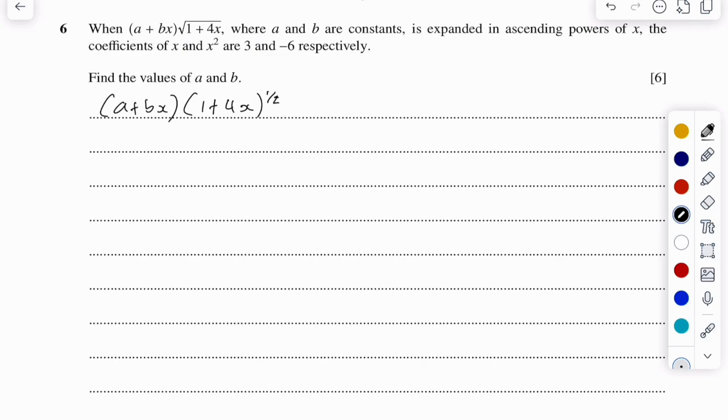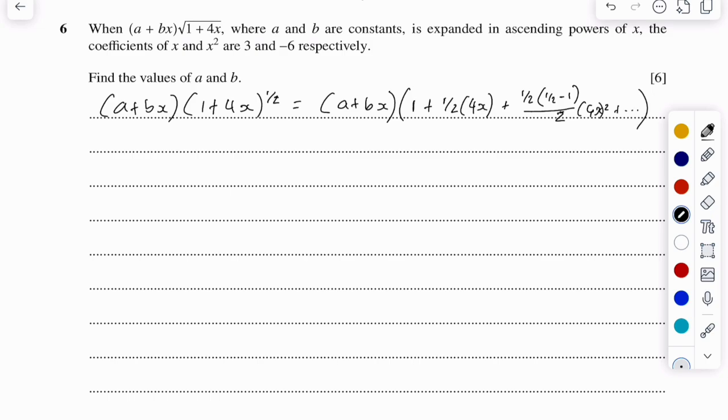If we go back to our expansion formula, what we get is (a + bx) times [1 + (1/2)(4x) + ((1/2)(1/2 - 1)/2)(4x)^2].